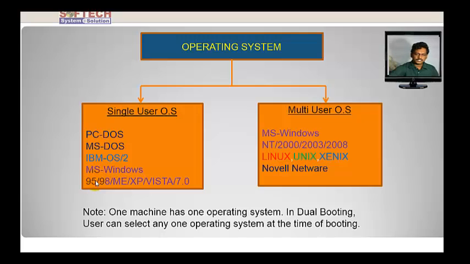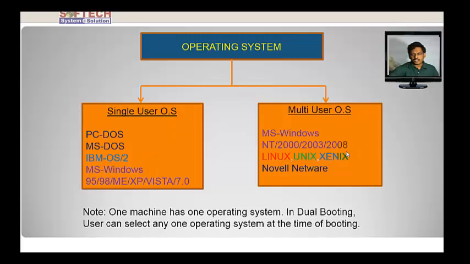They released 95 in the year 1995, 98 in the year 1998, Millennium Edition in the year 2000, then XP in 2003, Vista in 2005, then 7.0, then 8.0. Now it is 10.0. These are all single user operating systems.